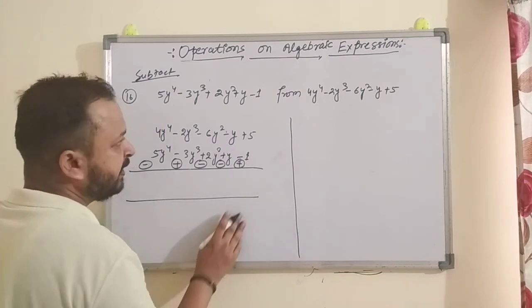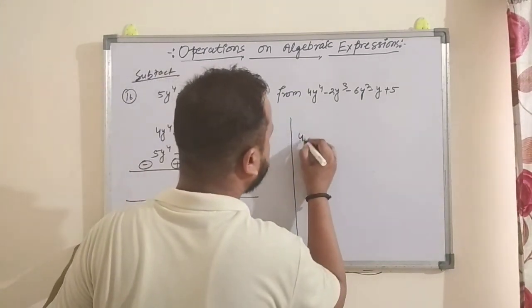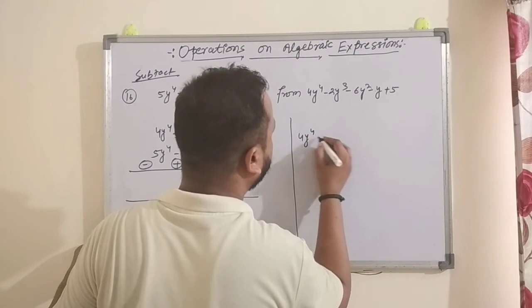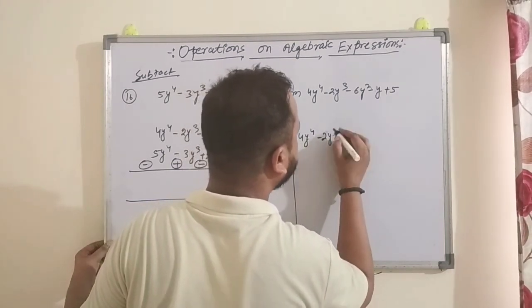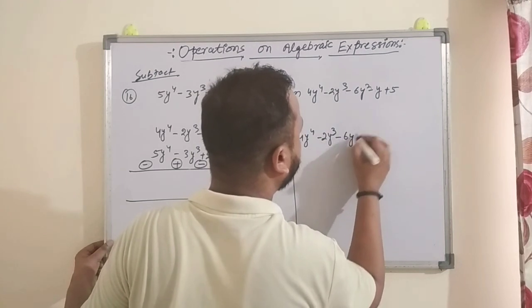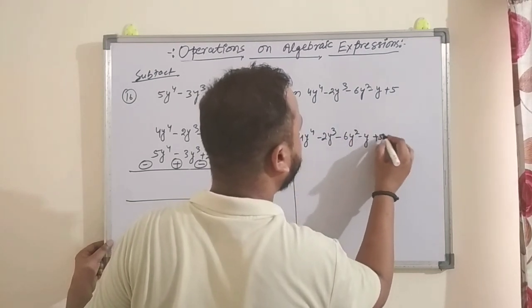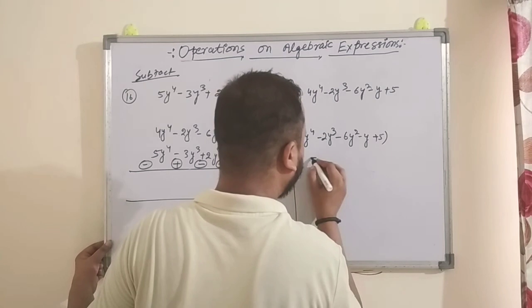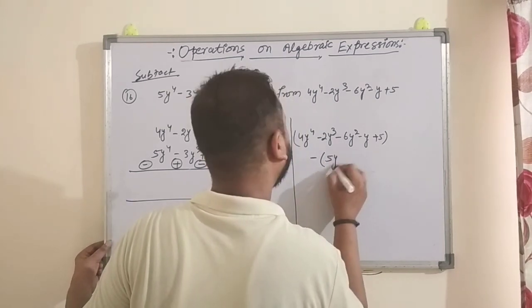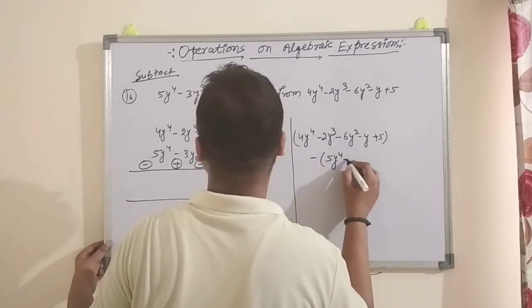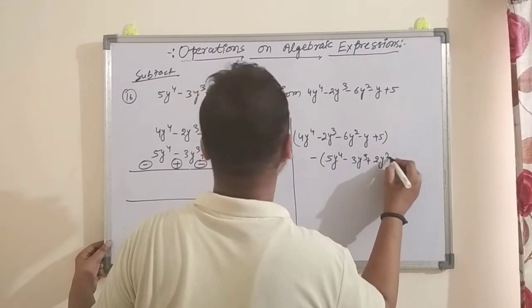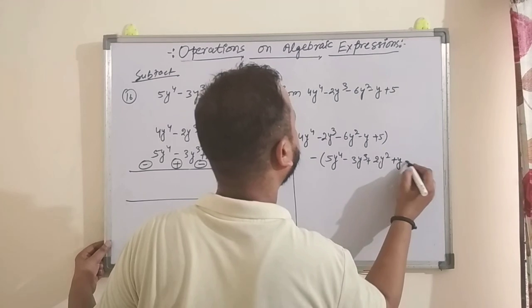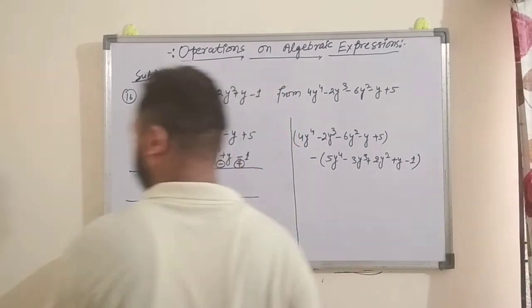And one more thing is, just write it 4y power 4 minus 2y cube minus 6y square minus y plus 5, right? Minus, put the bracket, within the bracket 5y power 4 minus 3y cube plus 2y square plus y minus 1.